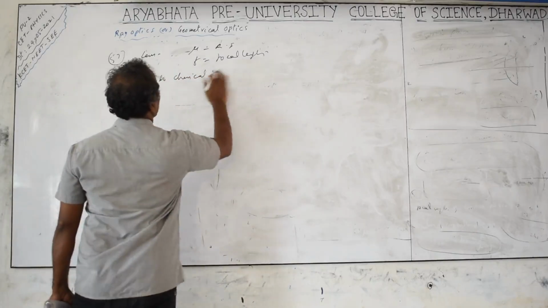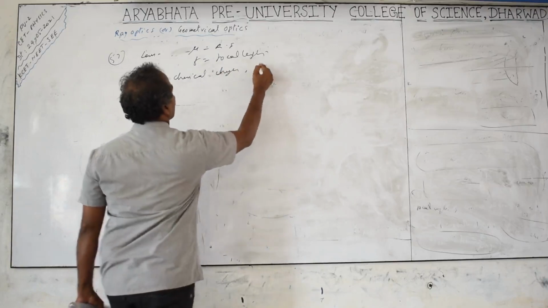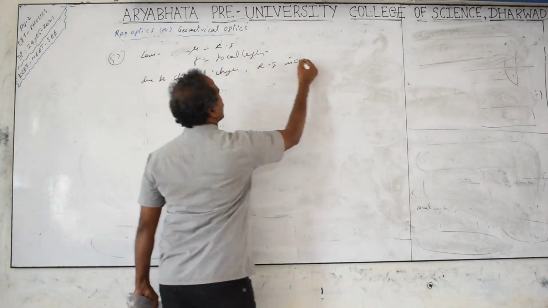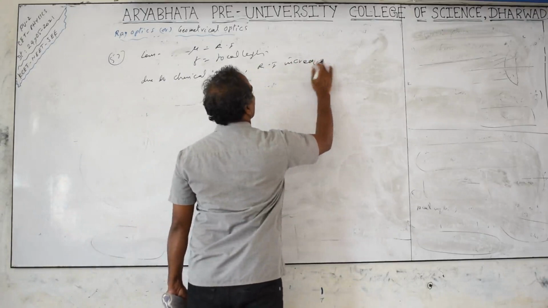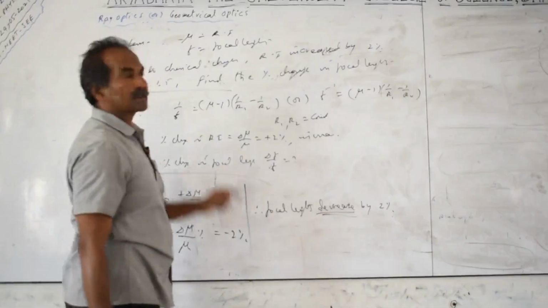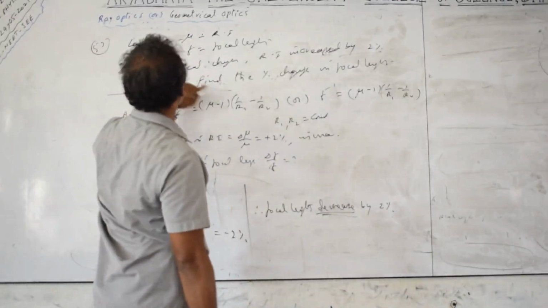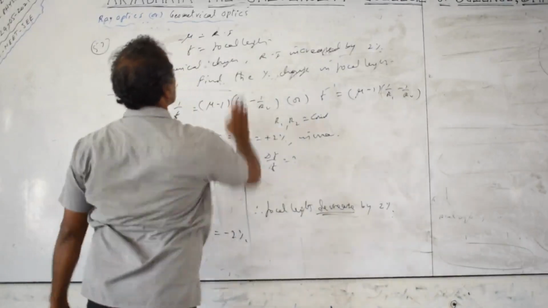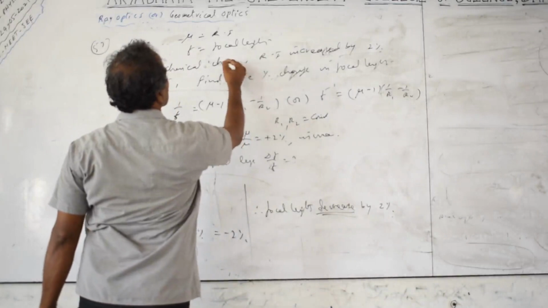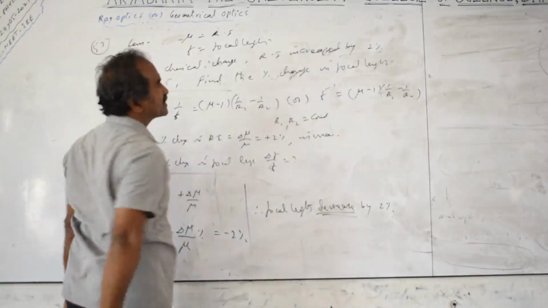Chemical changes or temperature changes, refractive index increased. So in this mu is the refractive index, f is the focal length given, and due to some chemical reasons or due to the temperature changes, refractive index increased by 2%.